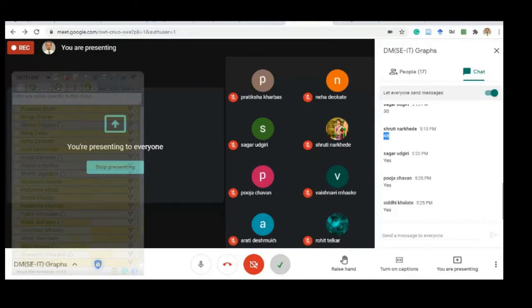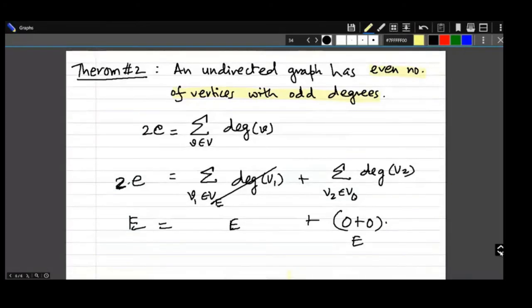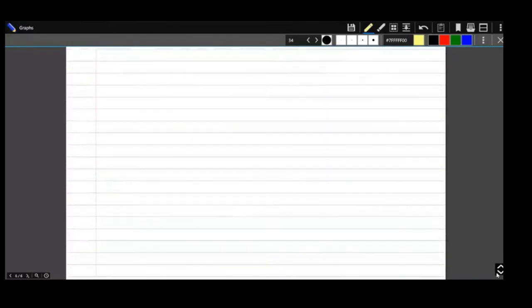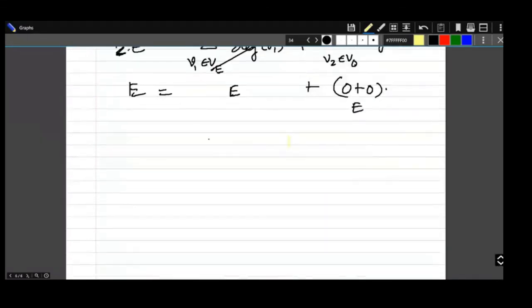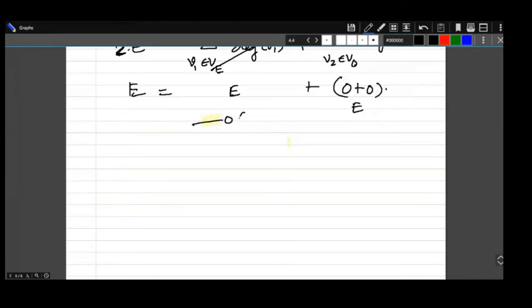Now we'll see some more terminologies related to a directed graph. We have seen the adjacent terminology in the undirected graph: when U and V are connected, we say they are adjacent.